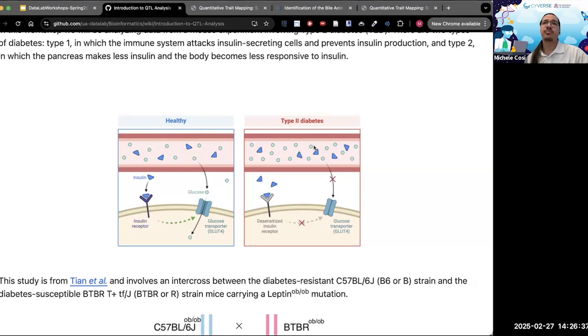In this specific case, we have type 2 diabetes, where the receptor is desensitized to the insulin itself, and therefore the transporter is not activated to take in sugar from the bloodstream, leading to a buildup of sugar and disease.